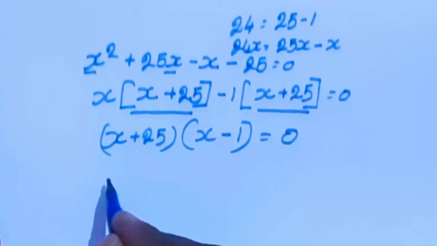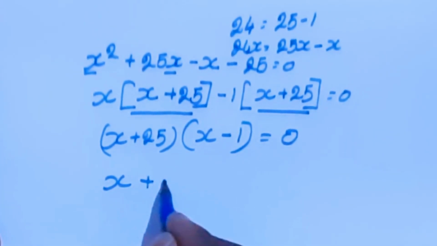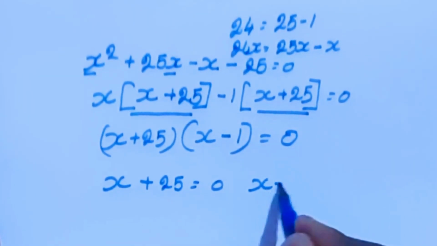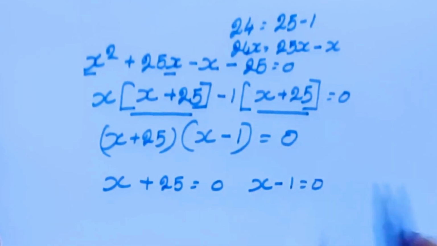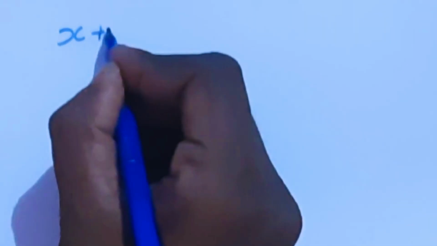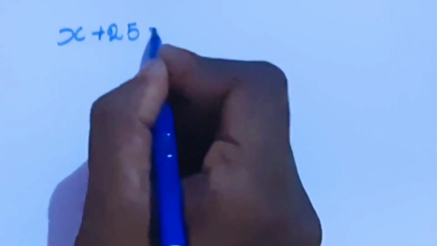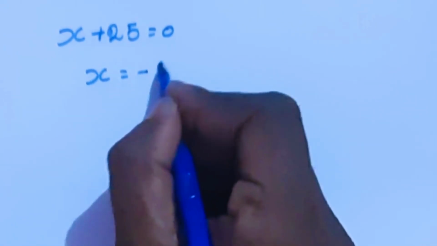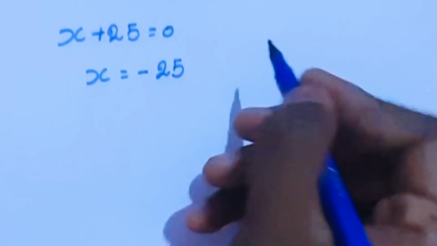Now x + 25 = 0, and here x − 1 = 0. So x + 25 = 0 from this, x = −25.